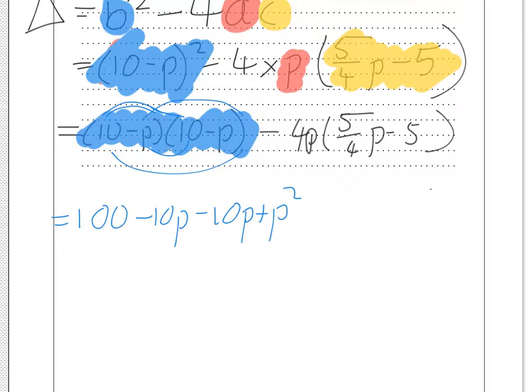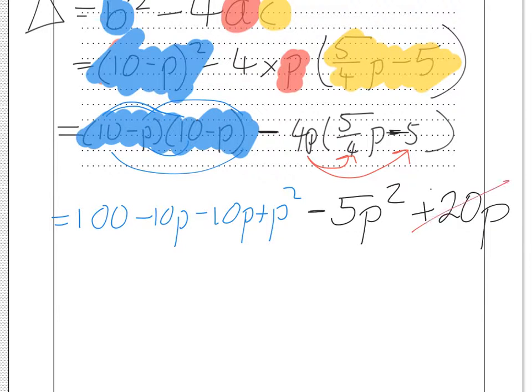The other bits are easier to expand out, but you must watch out for these negative signs here and here. Minus 4p, the first bit, times 5 quarters of p. 4 times 5 quarters is 5, so that's minus 5p squared. And the other bit, minus 4p times minus 5 is positive 20p.